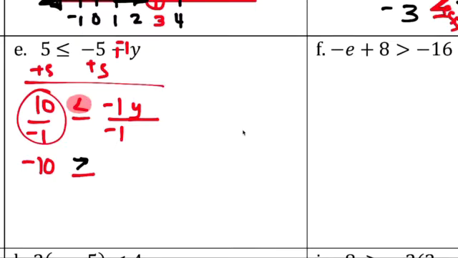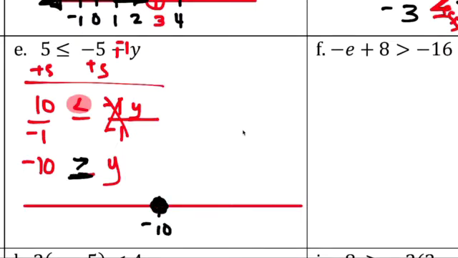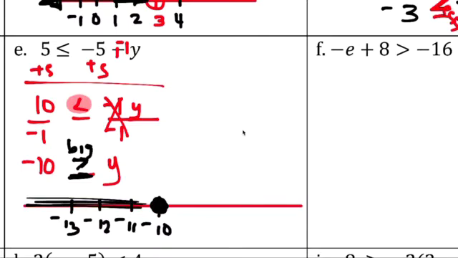Y is negative 10. So this is a closed circle at negative 10, because of this equal sign. Negative 10 is bigger than what type of number? Negative 10 is bigger than negative 11, negative 12, negative 13. So this way.